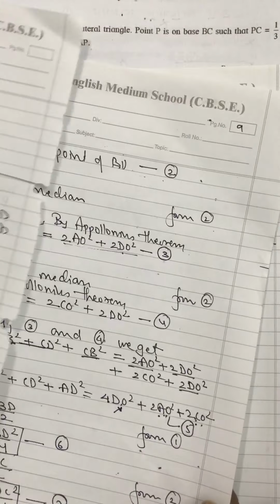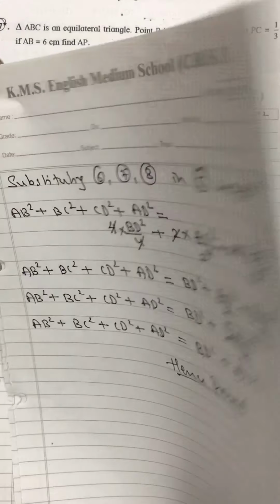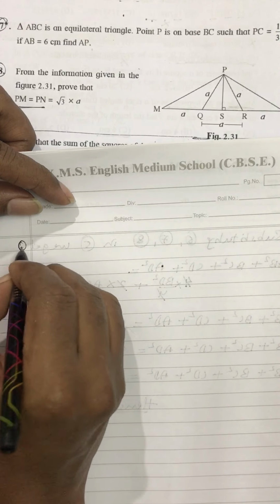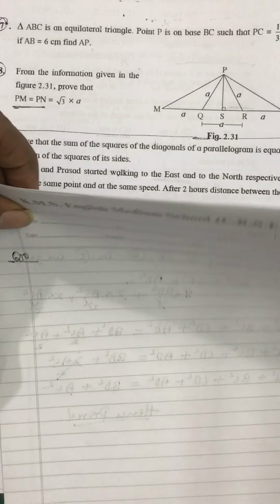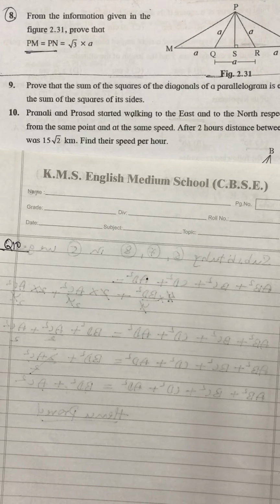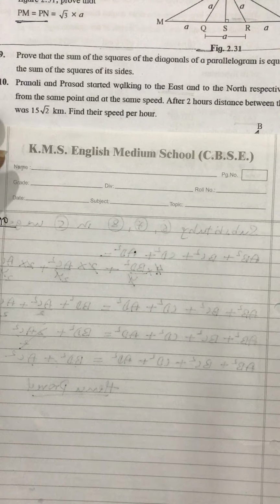Fine. With this we finish question number 9. Now we can proceed to question number 10. If I go to question number 10, here you have to understand this question by way of a diagram. Pranali and Prasad started walking to east and to north respectively.